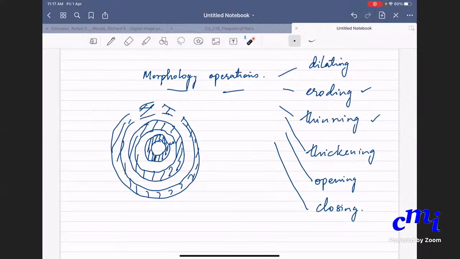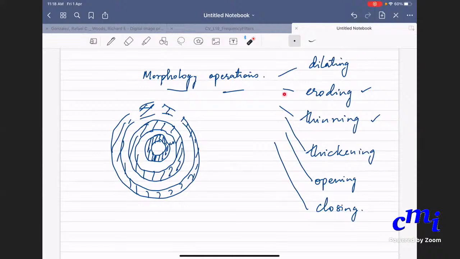So always the image is broken into 2, foreground and background, done by some kind of thresholding, which means you decide some pixels you will call background, and the other intensities you will call foreground. So first the image has to be broken up into background and foreground in this way, 2 sets.